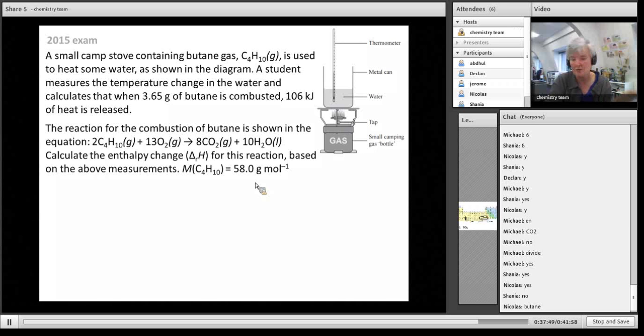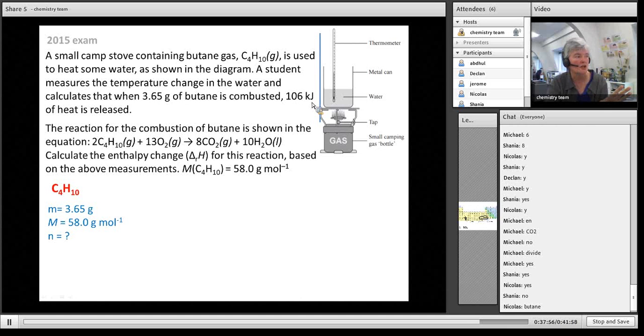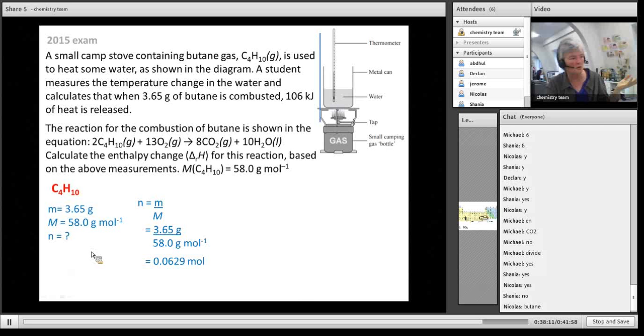All the things are relating to butane, because we've got the mass over there, we've got the heat being released relating to that, and we've got the molar mass down here. So always, and there's nothing else given. We aren't given a mass of any other substance or anything like that. So list that, write your equation, calculate your number of moles.